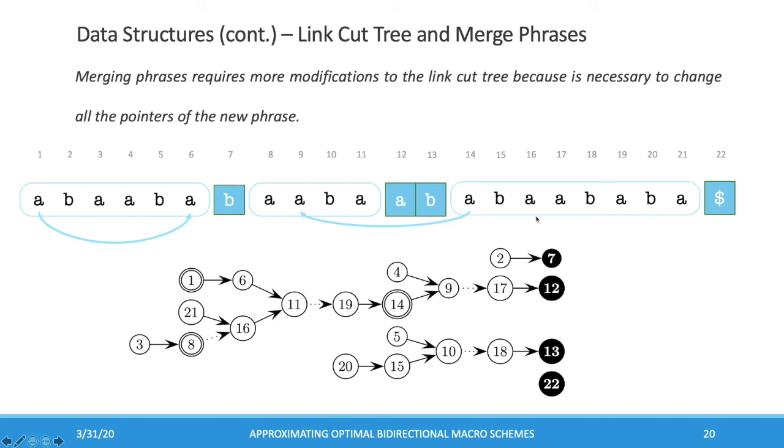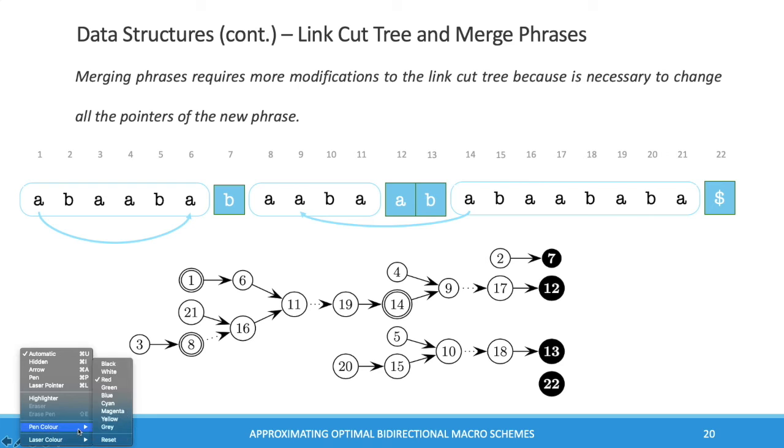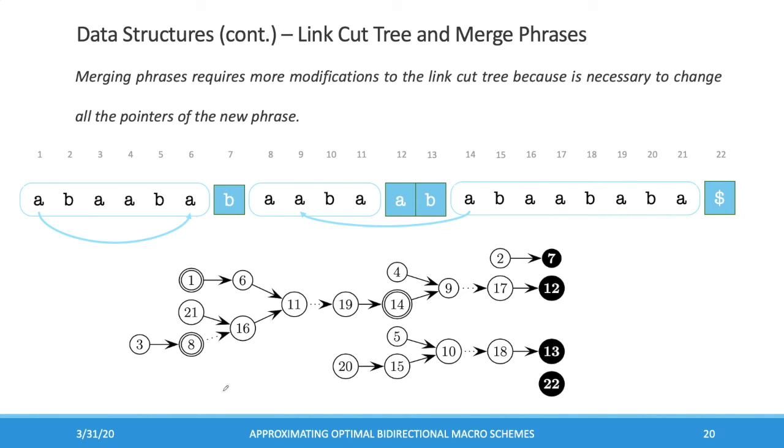In this case, we have this tree that is an old tree, so we need to remove the old pointers. So you go into position 8 and cut. Position 9 and cut. 10 cut. 11 cut. So now that we cut all these edges, each position becomes the root of its own tree, right?